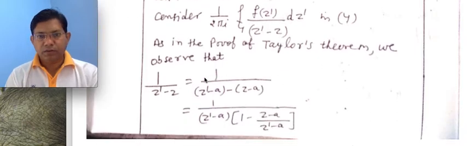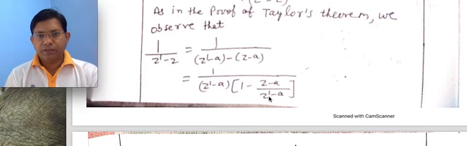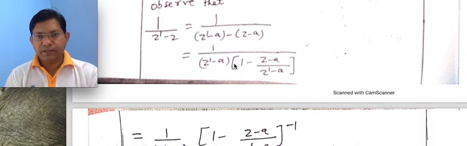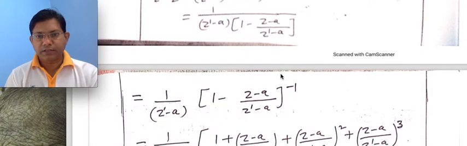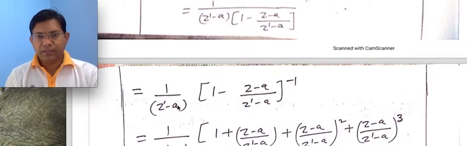So taking this part 1 upon (z' - z), and after adding minus a plus a, this can be written as 1 upon (z' - a) minus (z - a). If we take common (z' - a), then we can write 1 minus (z - a) upon (z' - a), and this can be further written as 1 upon (z' - a) times [1 minus (z - a)/(z' - a)]^(-1).